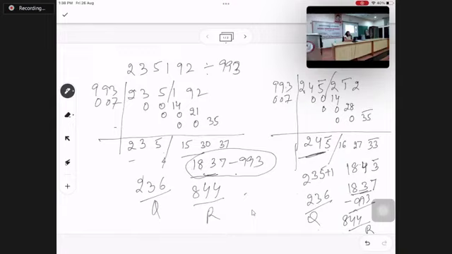Right? Now, as I told you, all these numbers are less than the base. But if it is more than the base, then what happens?